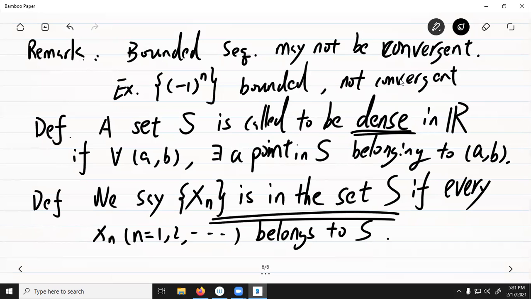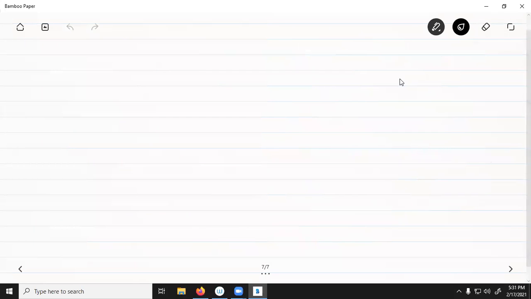Now let's look at the proposition. Proposition 2.19.